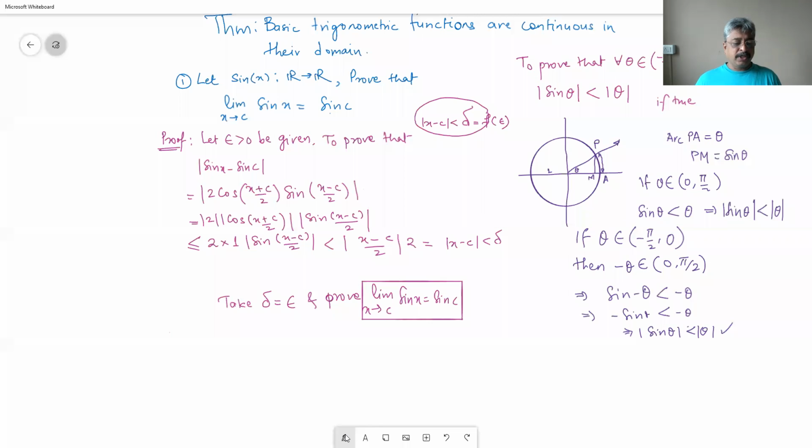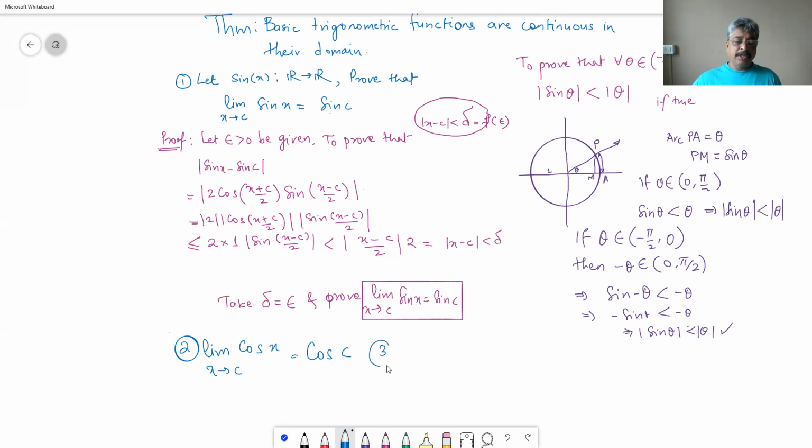Okay. Therefore, we are supposed to prove cos and tan. So I give it to you at once. You write down the complete correct proof of limit cos x as x tends to c is equal to cos c, and 3, limit tan x as x tends to c is equal to tan c.